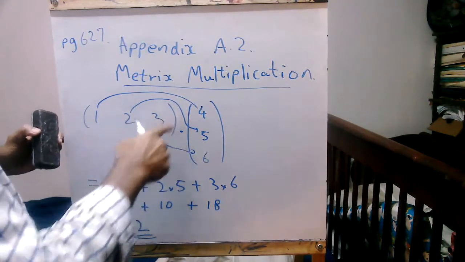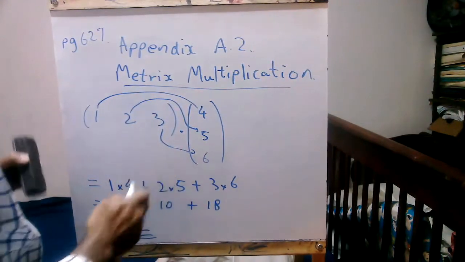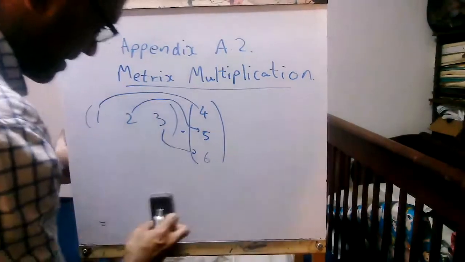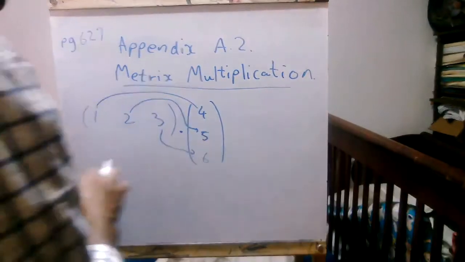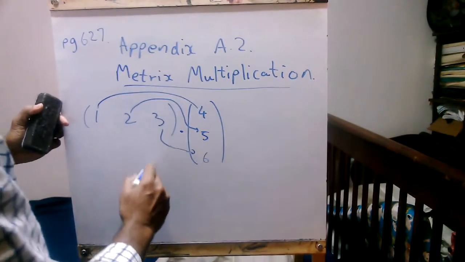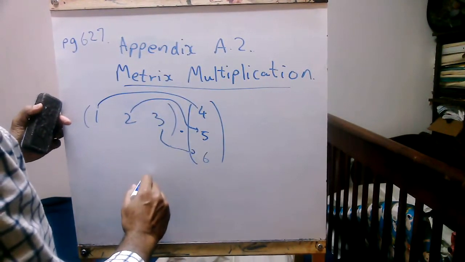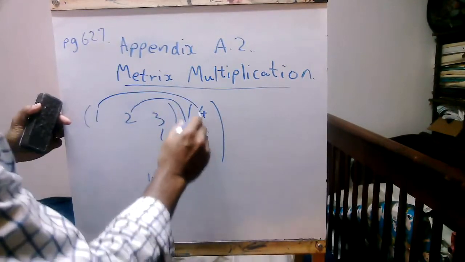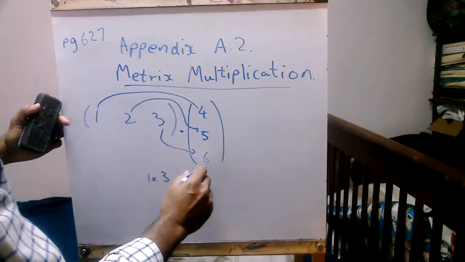What is the dimension, or the size, of this? I'm going to erase this answer. Remember, this is row times column. The size of this matrix is 1 by 3. What are the dimensions of this matrix?